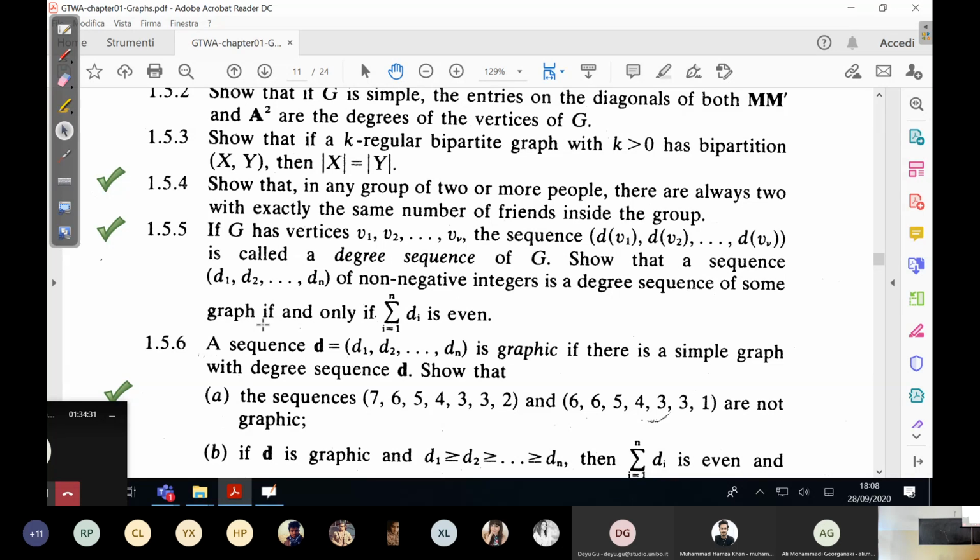You see what I mean? I can write the code for building such a graph. In the sense, I build a program such that 1000 integers come in with the sum which is even, and then the program produces a graph with that degree sequence. Okay? This is the only way I know for proving this exercise.